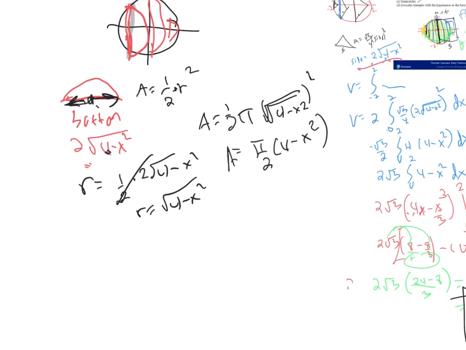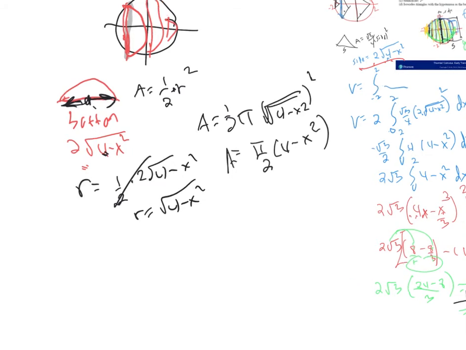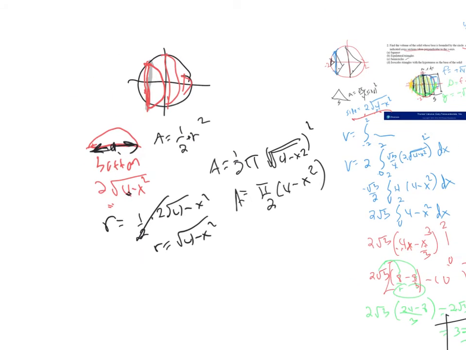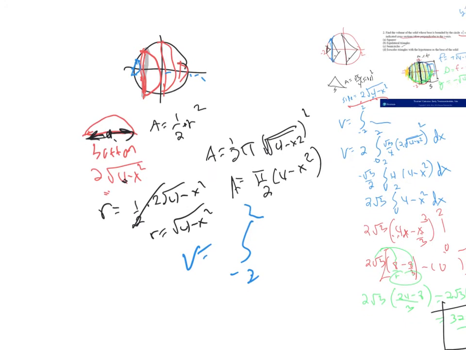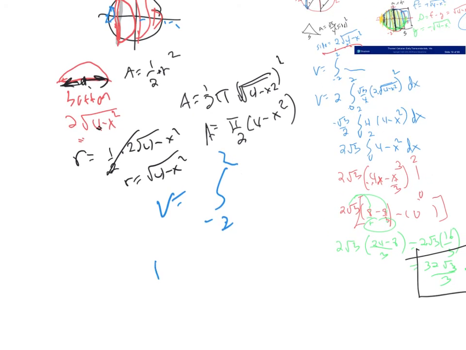Let's do calculus. I want every circle from the very end, where it's just a dot, to the next semicircle, on every semicircle from -2 to 2. So my volume is from -2 to 2, so volume's going to be 2 times 0 to 2 of pi over 2 times 4 minus x squared dx.